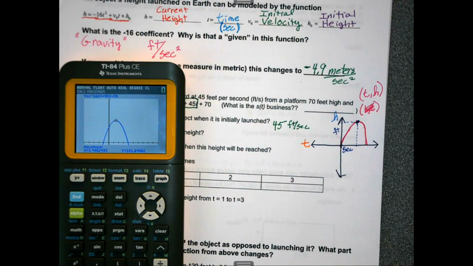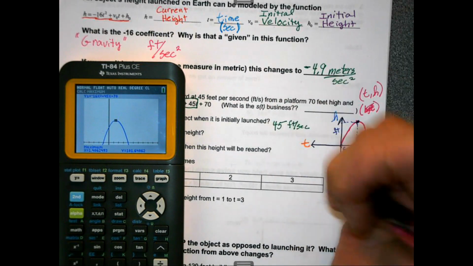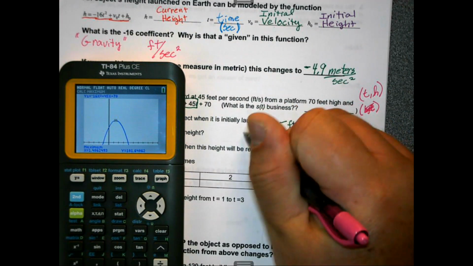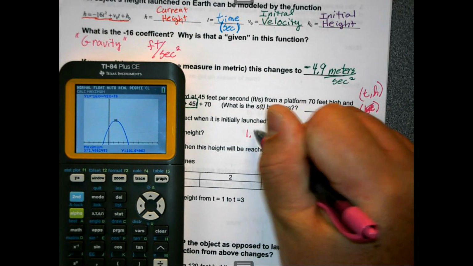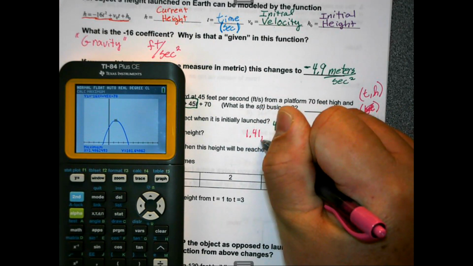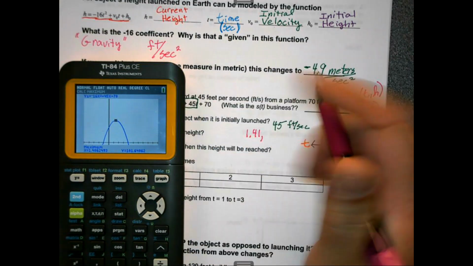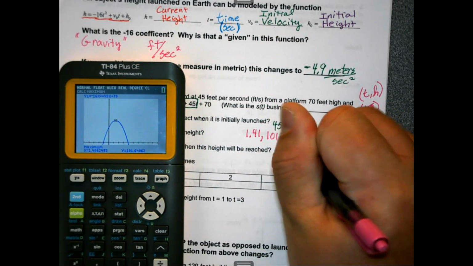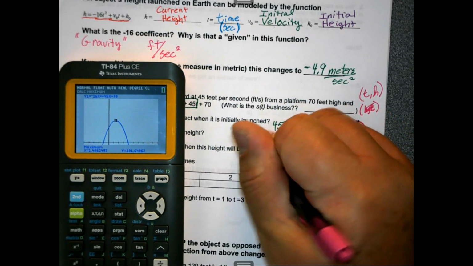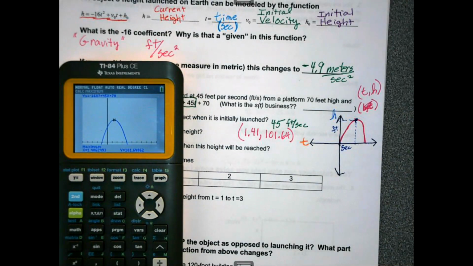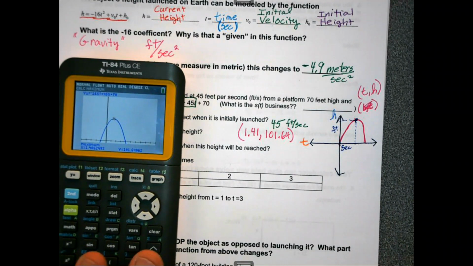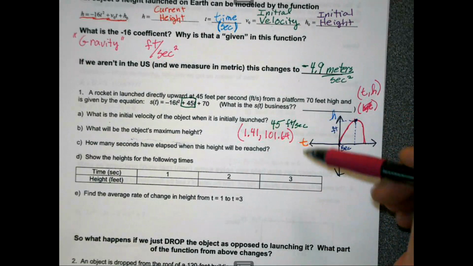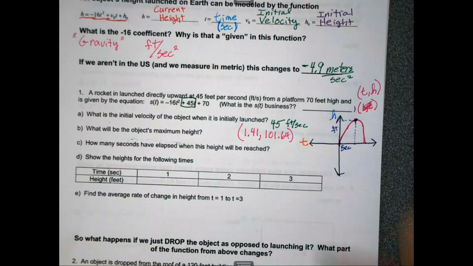So my t comma h is 1.41 comma 101.64. So there's my vertex.